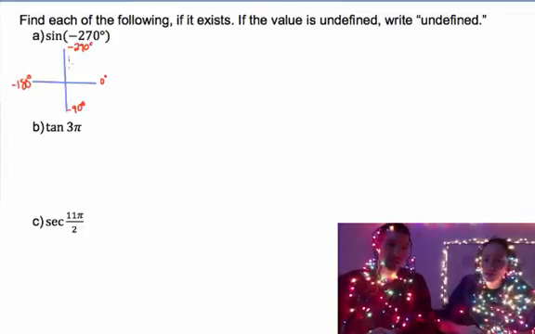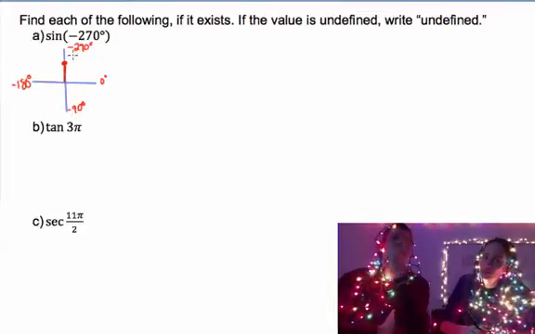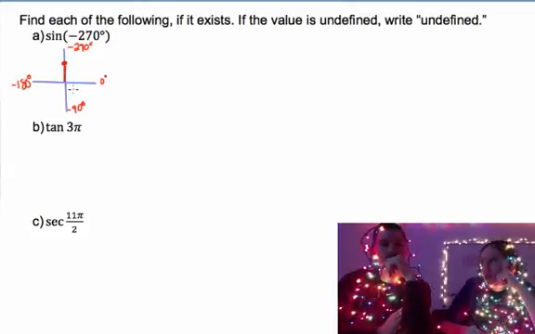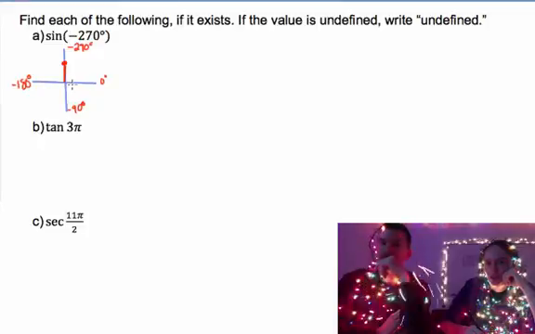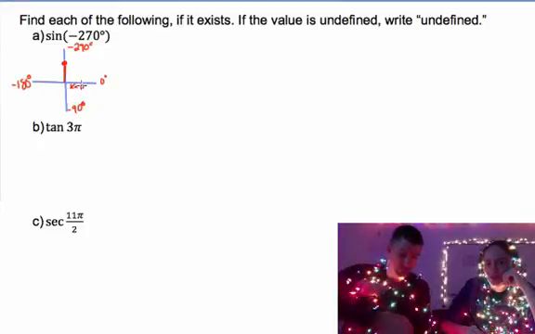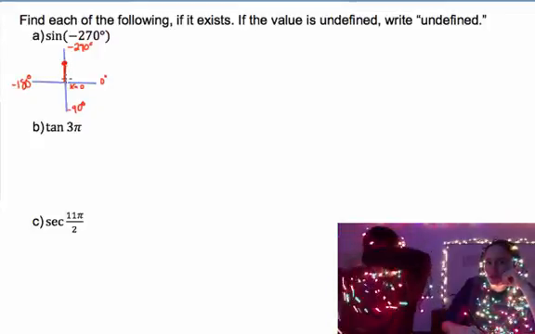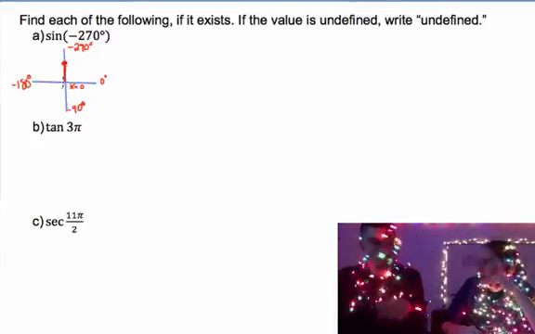Okay, so we can't draw a triangle if we're talking about an angle that's straight up and down. But what we could think about is that our x, we went 0 for x, but we could say we went like 10 for y.